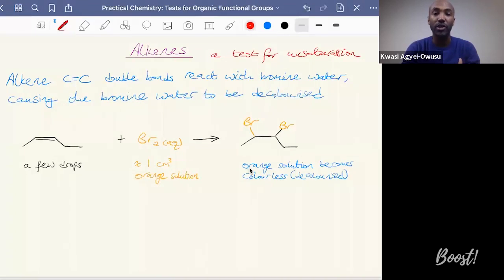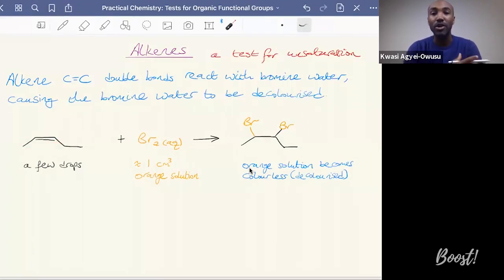So why does this color change happen? If we consider bromine, bromine is of course molecular, it is diatomic, and it's got 2 bromine atoms. And in this instance, the bromine is reacting with an alkene.